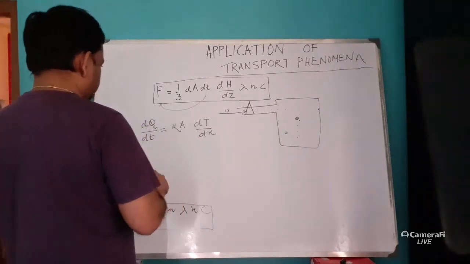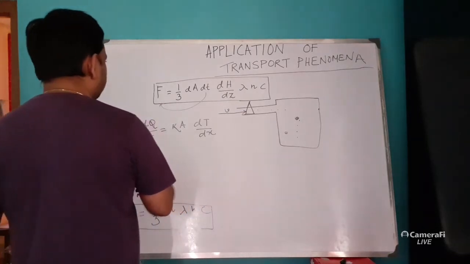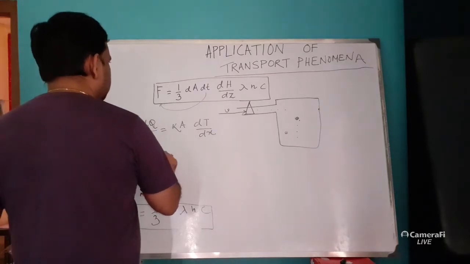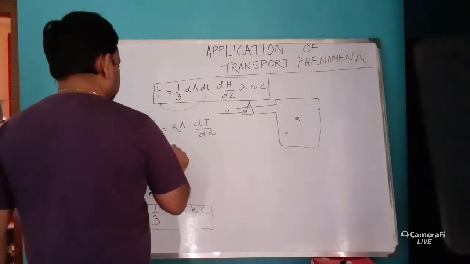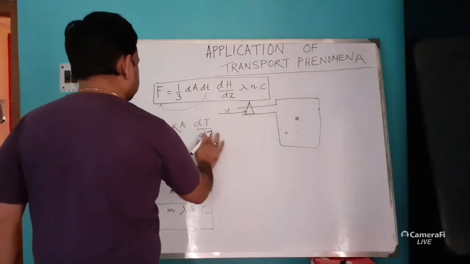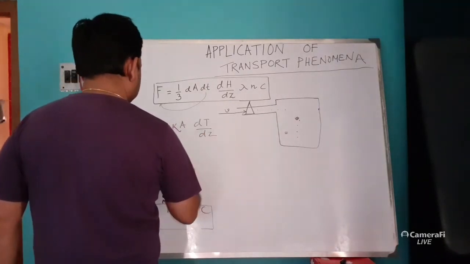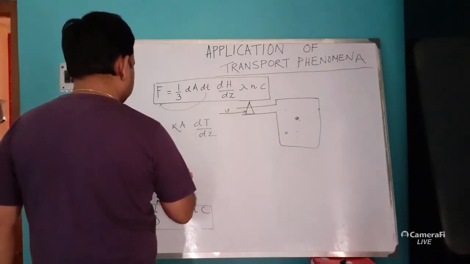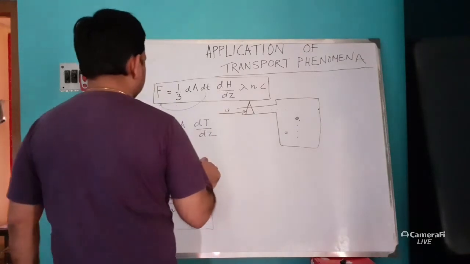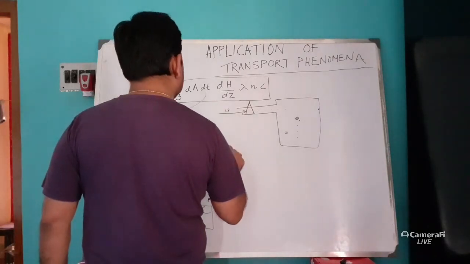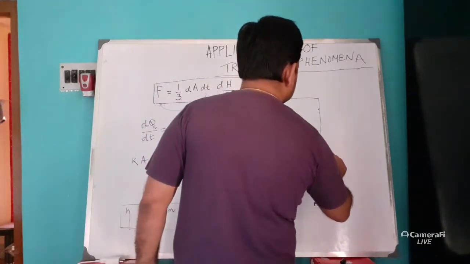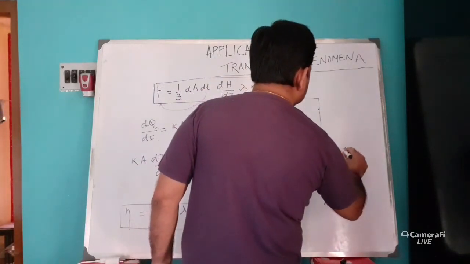So we can put this over here as previously as we have done. K A dT by dz is equal to 1/3 A, and dH here, let us assume H is equal to E, that is thermal energy.